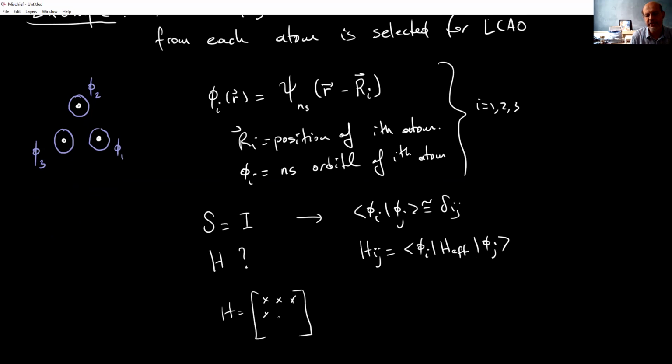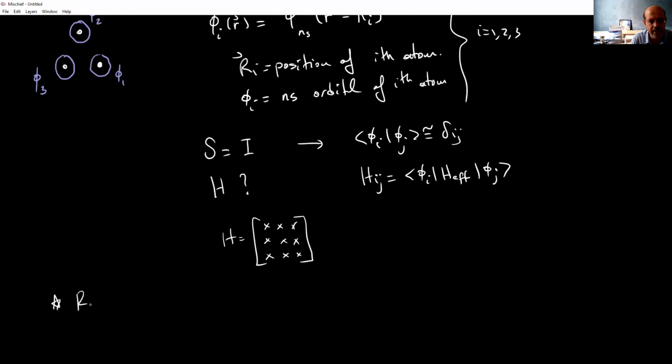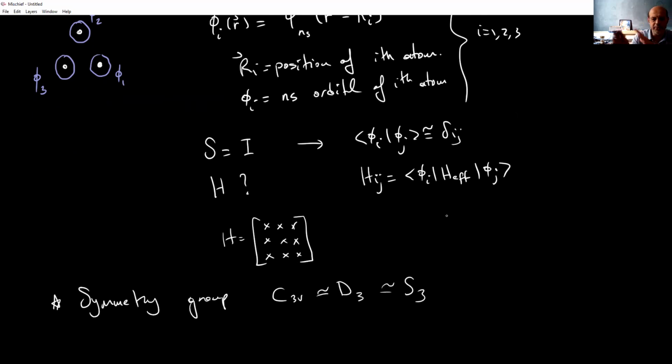Now, because of the symmetry, some of these matrix elements are related to each other, and I would like to see how they are related. So I'm going to look at the representation of the symmetry group. This is C3V, but yeah, let's just call it C3V. It's basically isomorphic to the groups that we already know about.